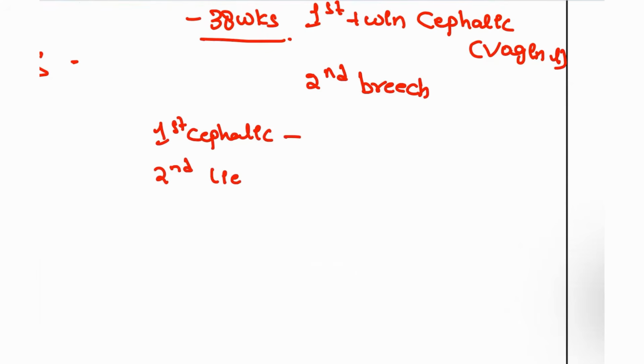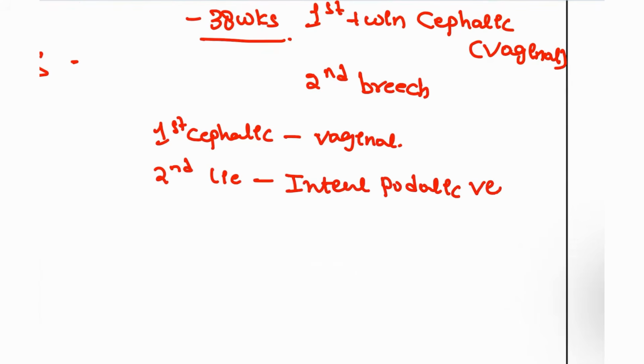Again you go for vaginal delivery, then for the second one you can do internal podalic version and proceed for breech. This is done for twins. This is the second scenario, and the other one is the first scenario.